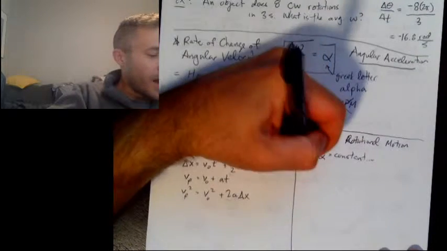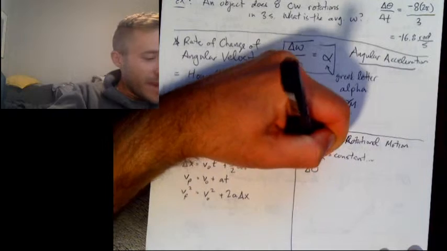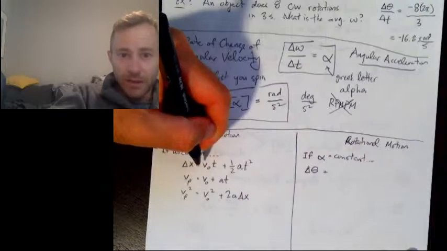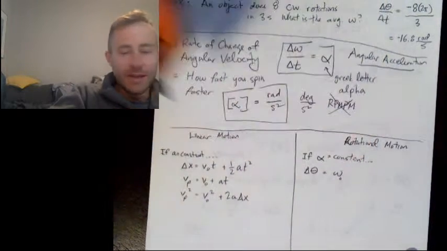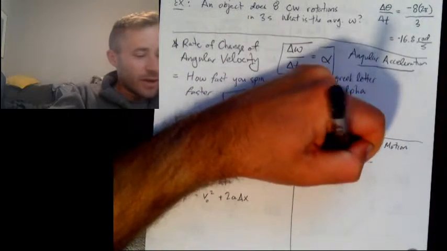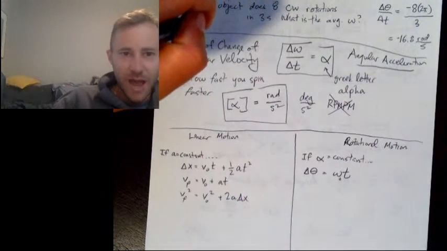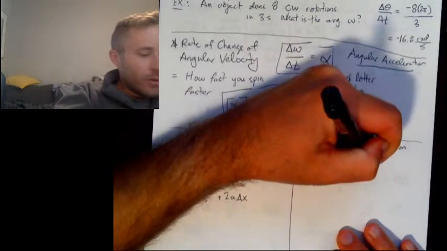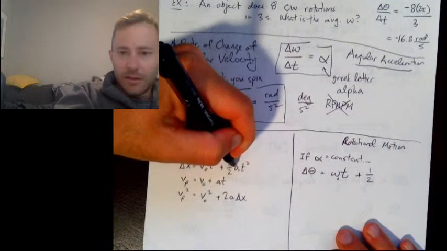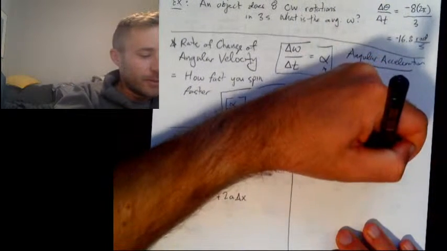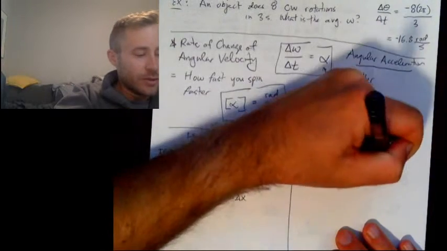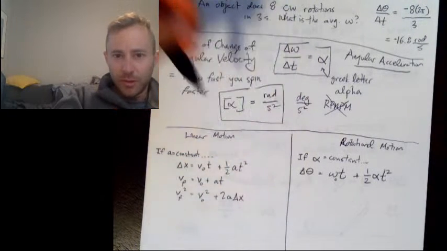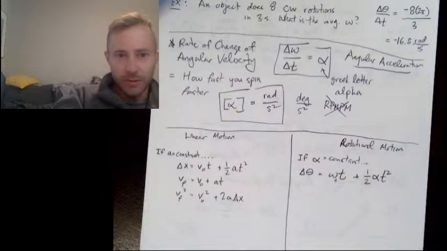Okay, so we have delta theta equals, and then what's analogous to velocity is angular velocity, which is omega. So initial angular velocity times time. Time is the same. Okay, there's no angular time. It's just time. Plus 1/2, and then linear acceleration, the analog is angular acceleration times t squared. So it's the same idea between these two equations. It's just this is the angular version of it.